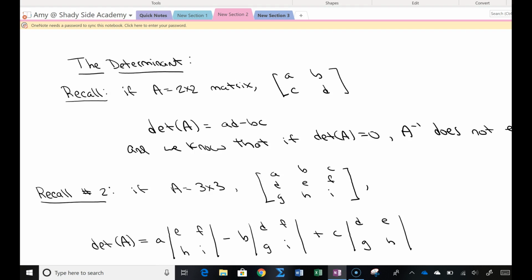So this lesson today, we're moving on to the second chapter of our text, which goes into much more detail on the determinant of a square matrix. Something we've done just cursorily in multivariable when we needed it.